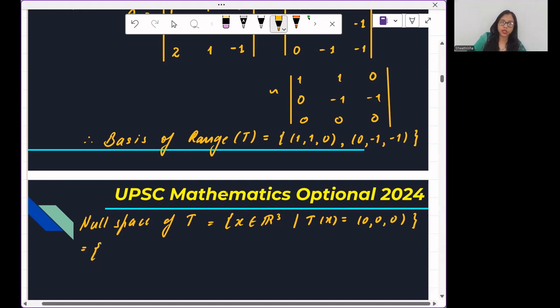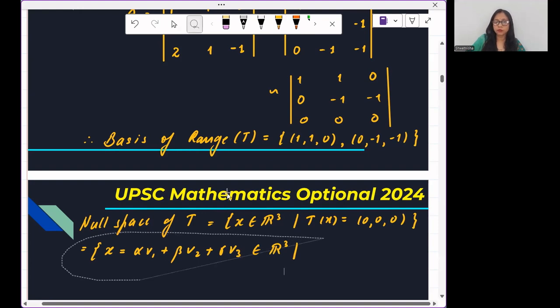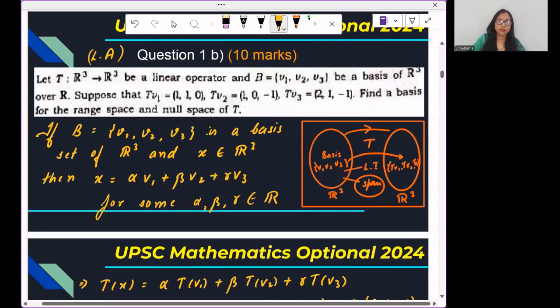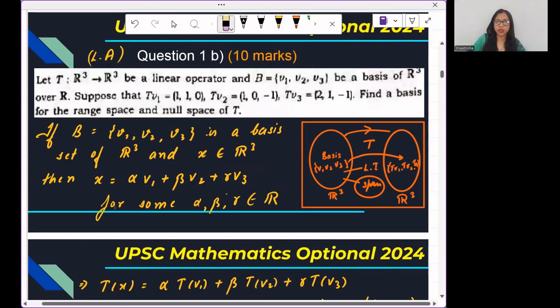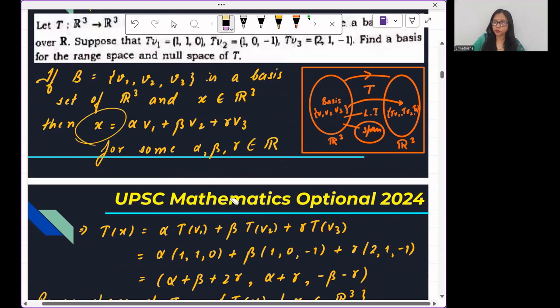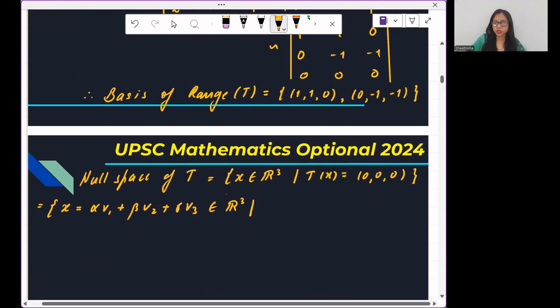If x can be written as alpha v1 plus beta v2 plus gamma v3 belonging to R3, then what does T of x turn out to be? We have calculated T of x for this particular x.